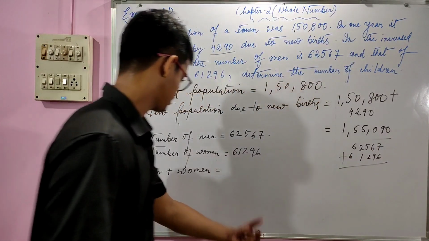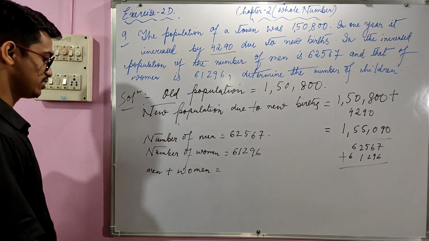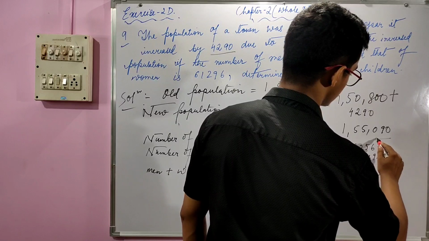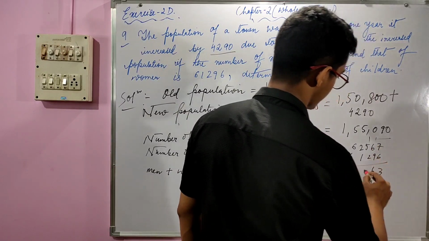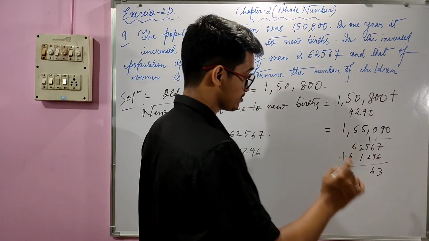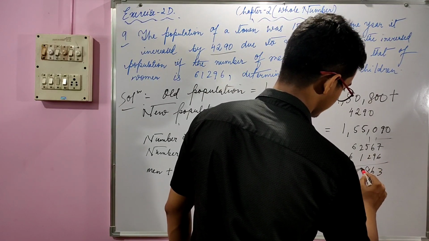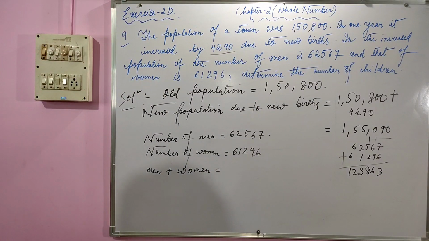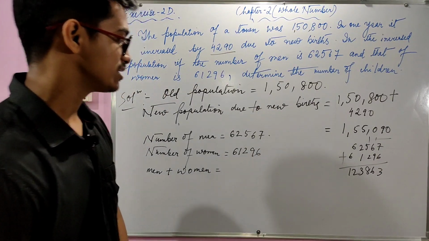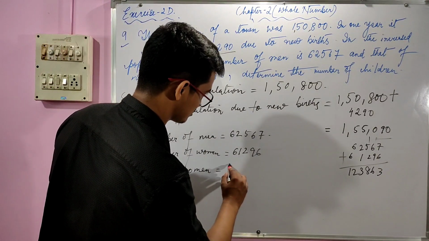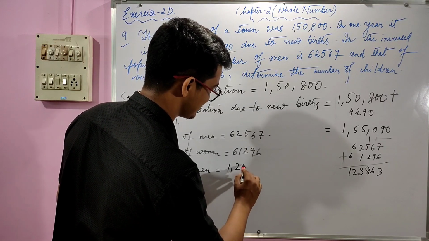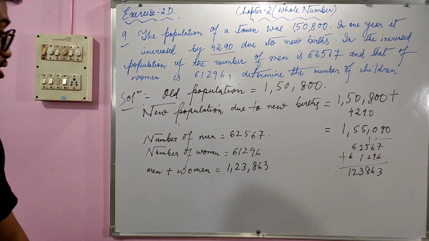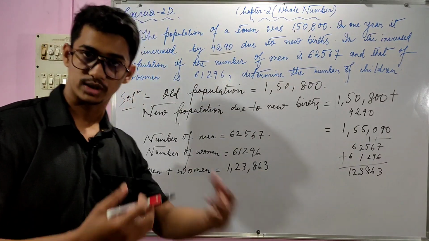So just add it. 7 plus 6 is 13, 1 carry, 9 plus 1 is 10, 10 plus 6 is 16, 1 carry, 5 plus 1 is 6, 6 plus 2 is 8, then 2 plus 1 is 3, and 6 plus 6 is 12. So that is 1,23,863, the population of men and women together.